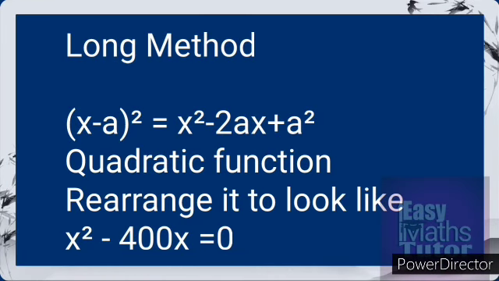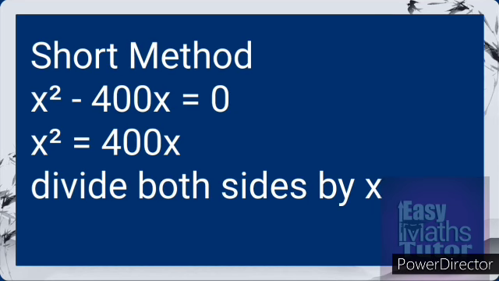Now there are two methods of solving this problem. The long method, we're going to compare a typical quadratic function, x minus a into bracket square, with x squared minus 400x equal to 0, and from there we're going to know how to get the value of x.